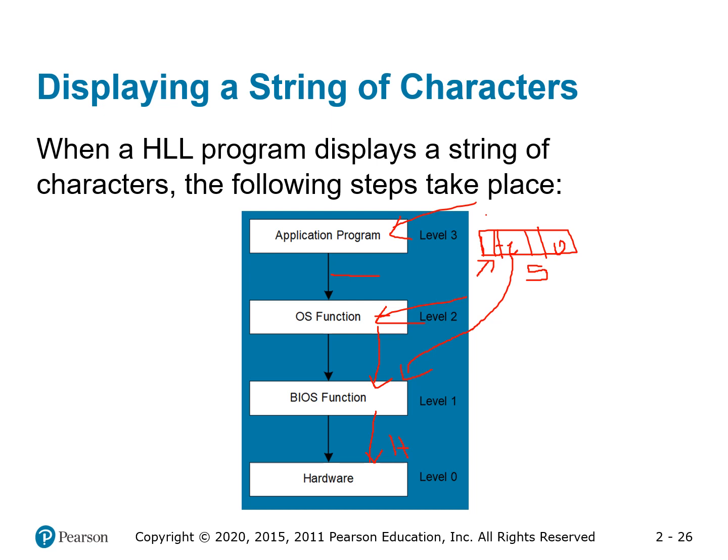The video controller card, level 0, generates timed hardware signals to the video display that it controls. So the H gets passed from the operating system to BIOS, and then here is where we access the hardware, which is the video controller.